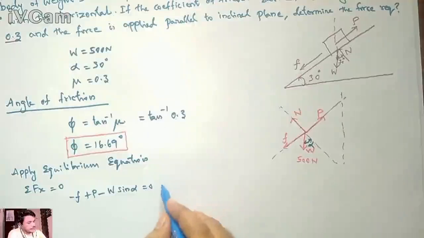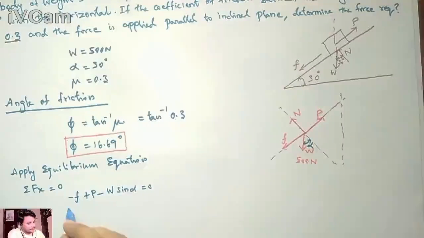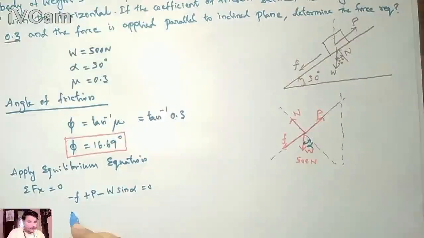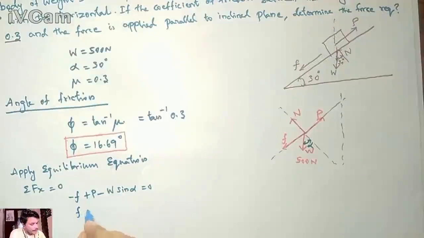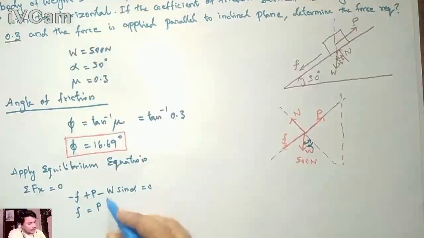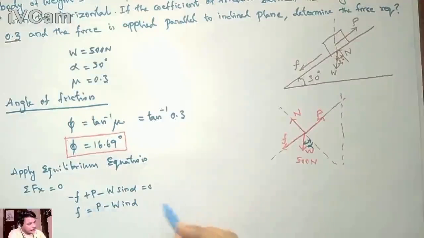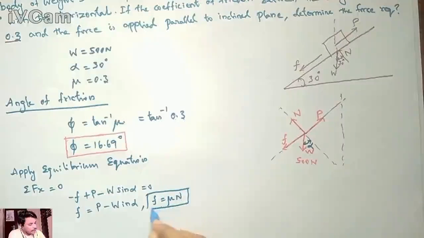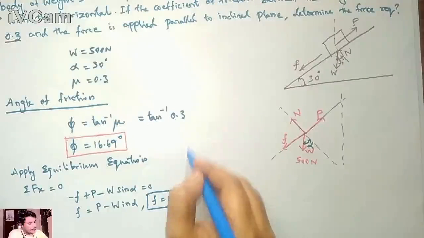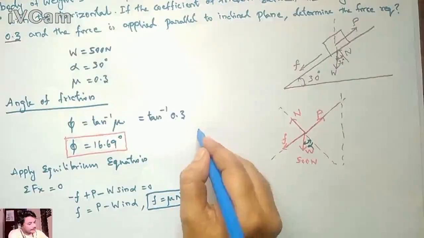From that, F equals, taking the terms to the right side, P minus W sin alpha. Also we know F equals mu into N. According to the frictional formula derivation, we know F equals mu into N.